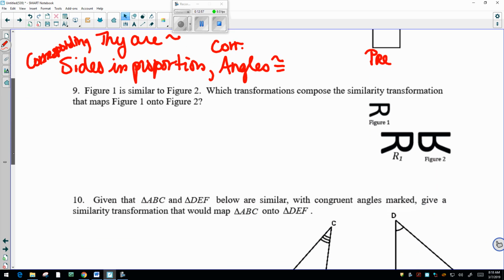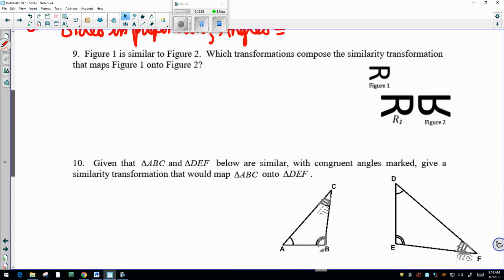Okay. Going down here, taking a look. Figure 1 is similar to figure 2. So which transformations compose that maps figure 1 onto figure 2? Well, if we take this a step at a time, if I'm starting at figure 1 and I'm going to what's labeled as R1, I could definitely see a dilation had to happen.